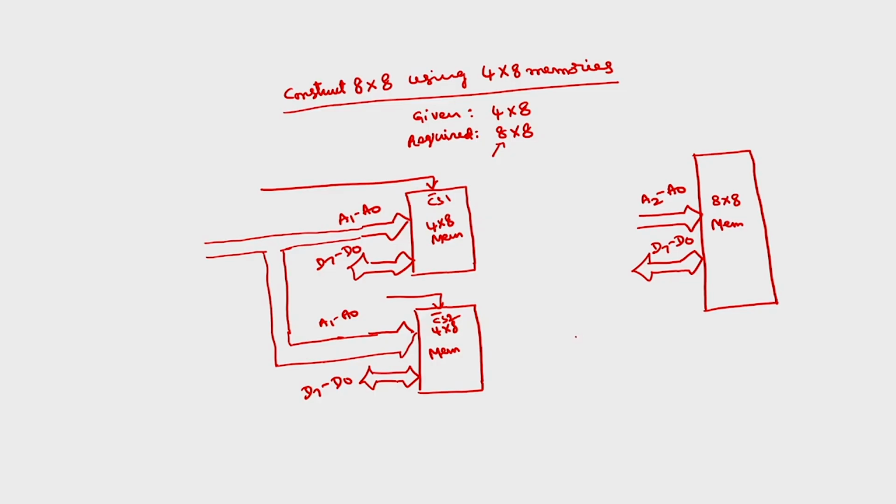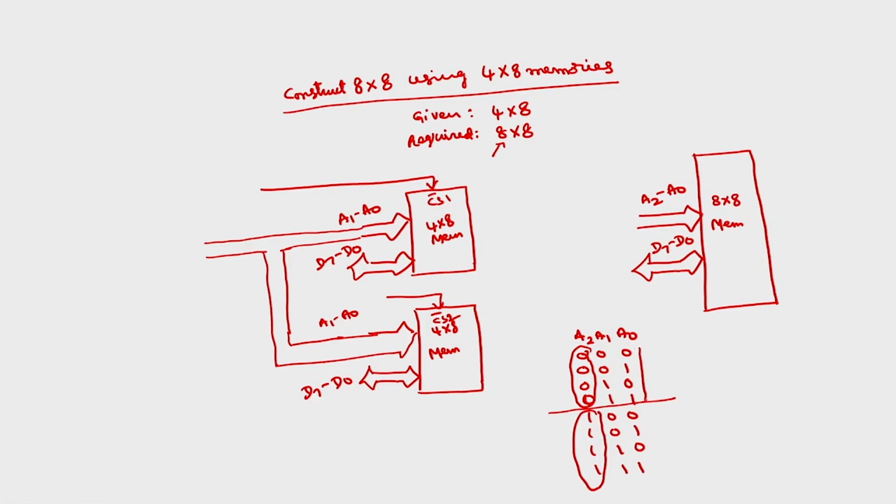If I take all the 8 combinations of A2, A1, A0: 0 0 0, 0 0 1, 0 1 0, 0 1 1, 1 0 0, 1 0 1, 1 1 0, 1 1 1. So, in the first 4 combinations A2 is 0, in the next A2 is 1, whereas A1 A0 varies from 0 0 to 1 1 in each.